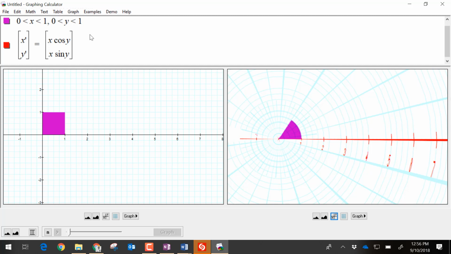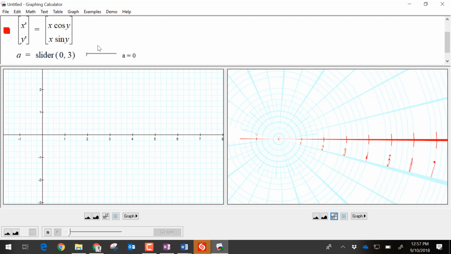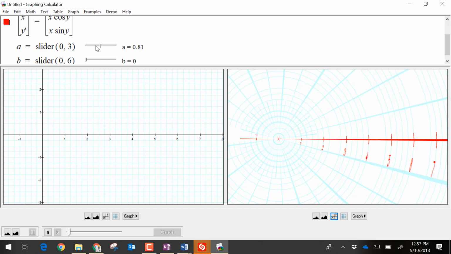So we can try to control or adjust our domain and see what happens to it. So let's say A, we'll adjust A and we'll adjust B. And then we'll let our domain, instead of going from 0 to 1, go from 0 to A and 0 to B. So that when we adjust, uh-oh, what's going on?